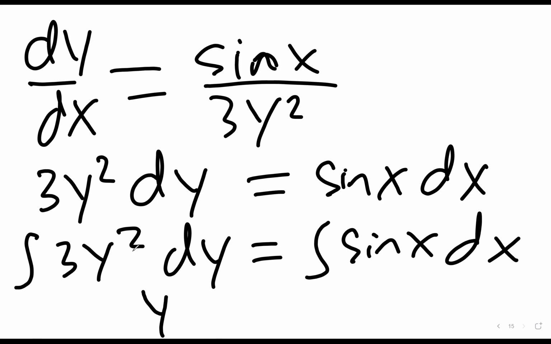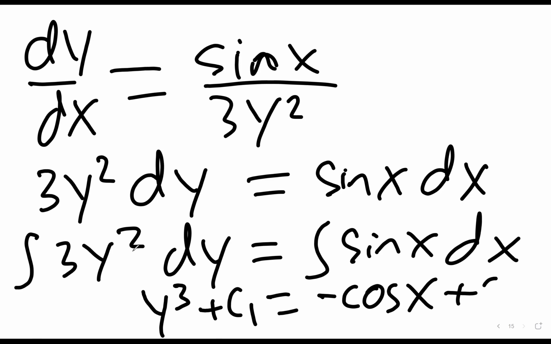Of course, the left hand side will be y cubed plus a first constant c1. And the right hand side is negative cosine x plus a second constant.